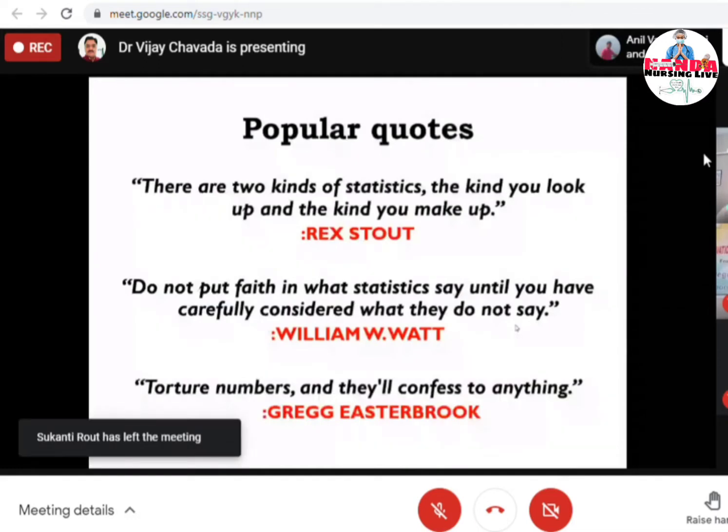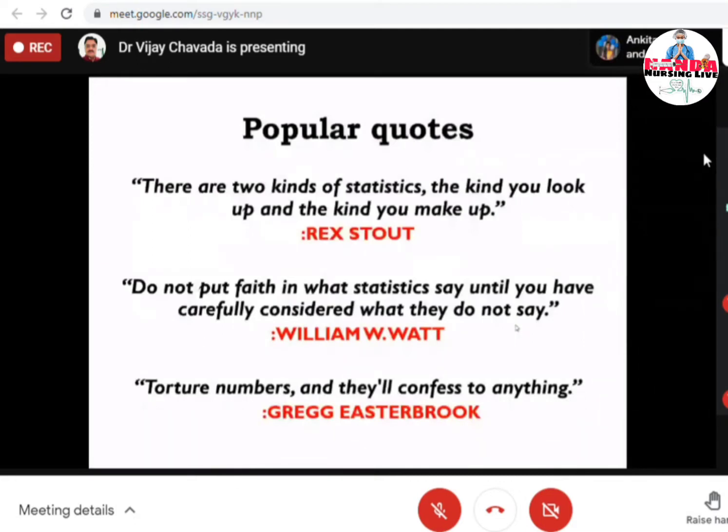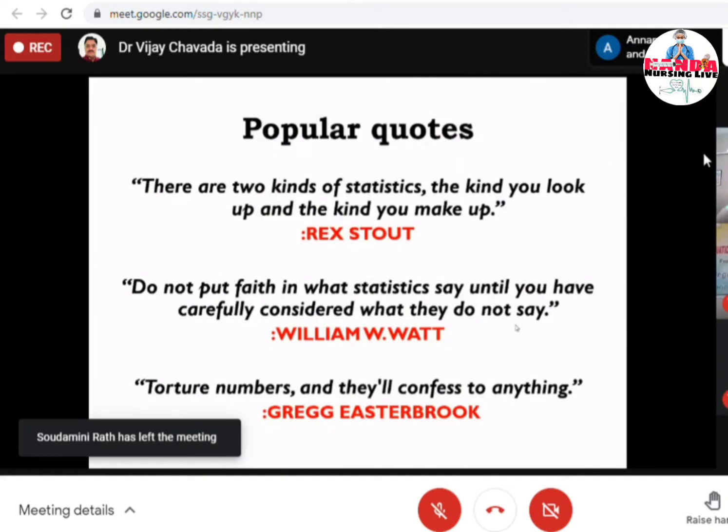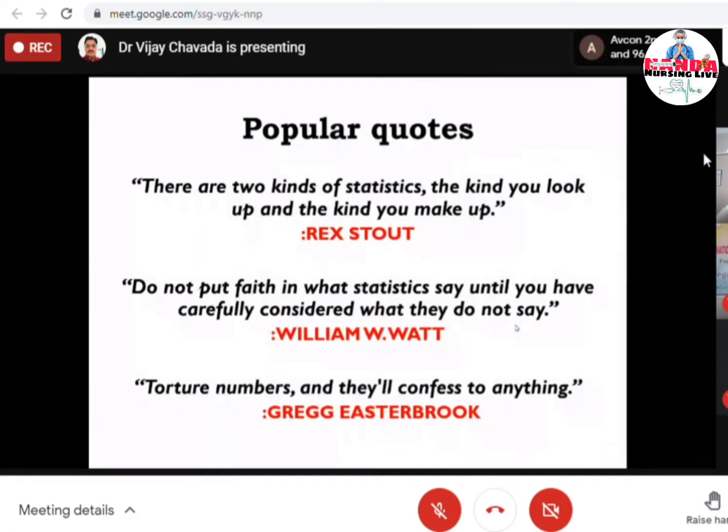Another one: do not put faith in what statistics say until you have carefully considered what they do not say. We need not rely upon what the number is saying, but also look into what it doesn't say or what it is hiding.